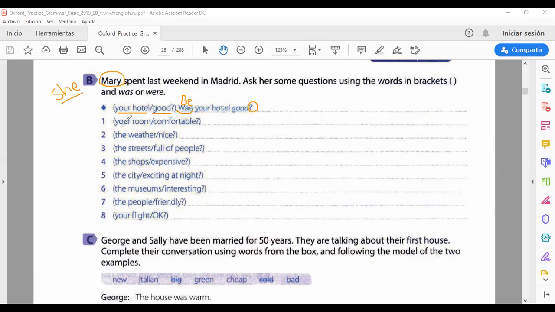Okay, now it says your room comfortable. Because I'm talking about a room, one, I have to go was. Was your room comfortable?